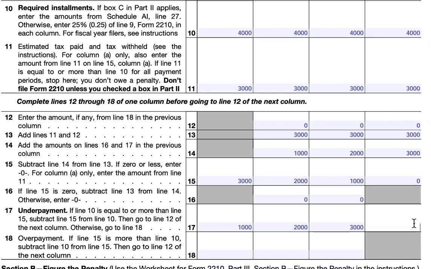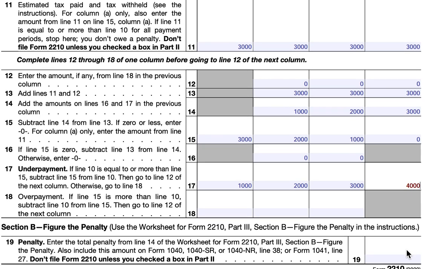So now your underpayment is $4,000. So that's how that works. And then your penalty is going to be the total penalty from line 14 of the worksheet for Form 2210, which is not on here. It's actually in the form instructions.